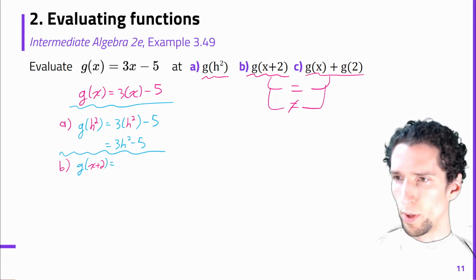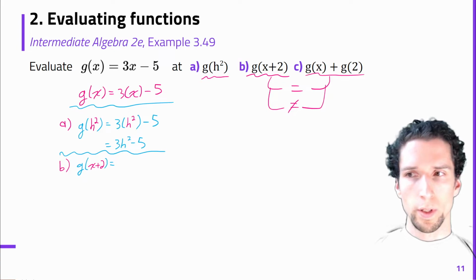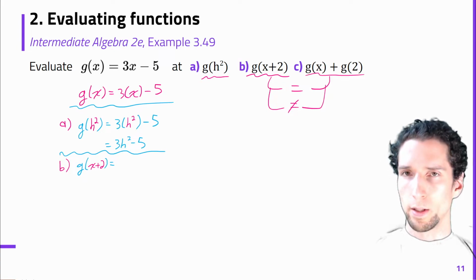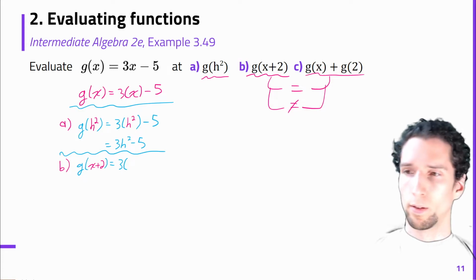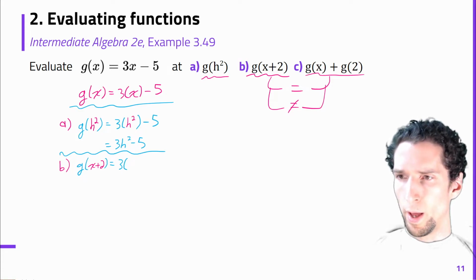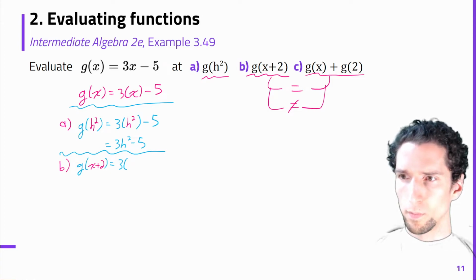And whatever's inside the brackets in our original function, we're going to replace with that. That's all we have to do. So we'll have 3 brackets, I always say brackets, parentheses, of x plus 2, times x plus 2 here, 3 times x plus 2 minus 5.